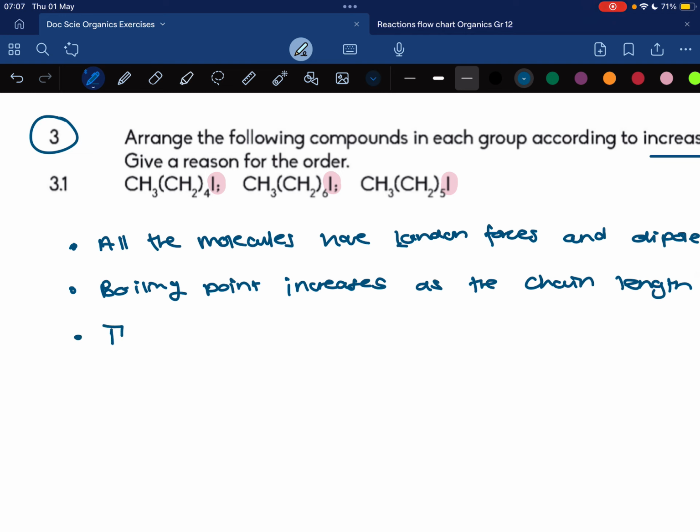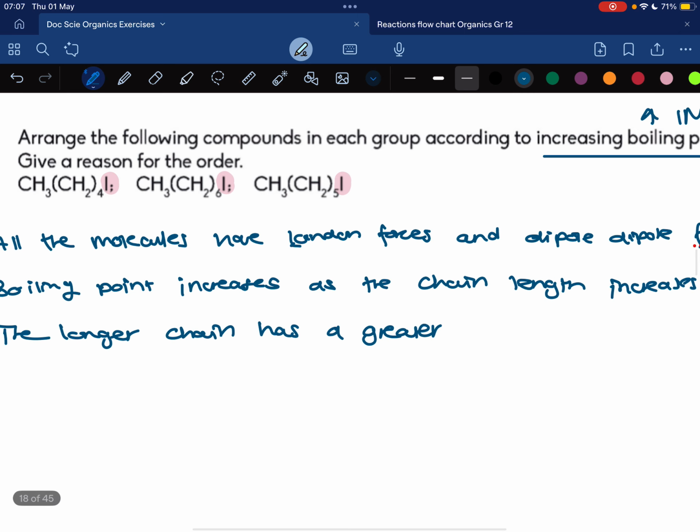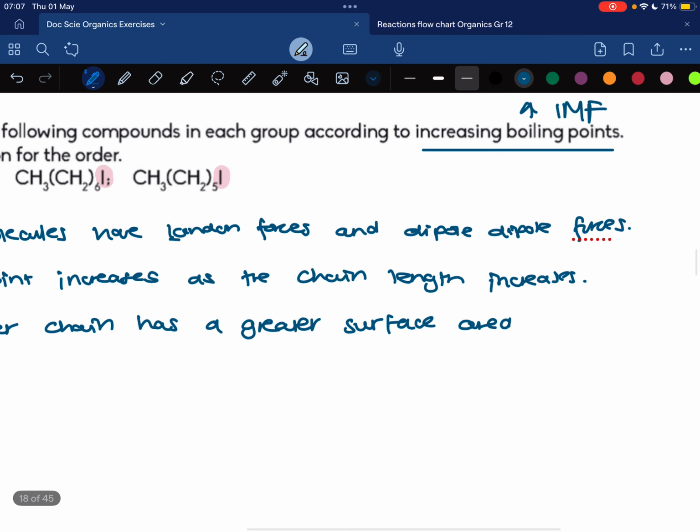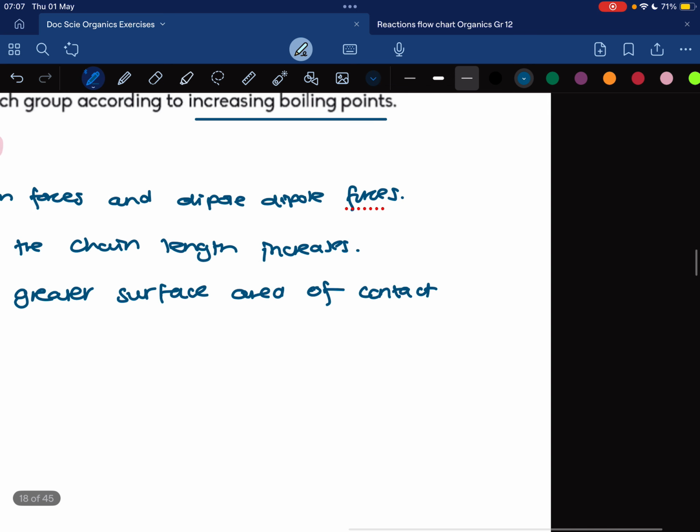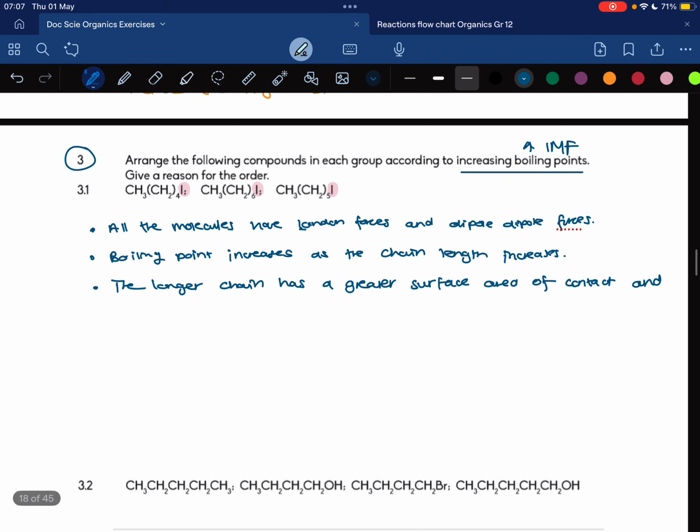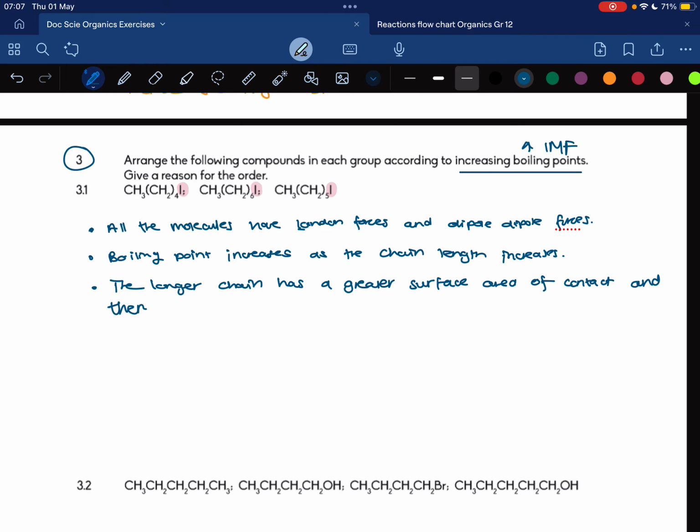So the longer chain has a greater surface area of contact and therefore stronger London forces.